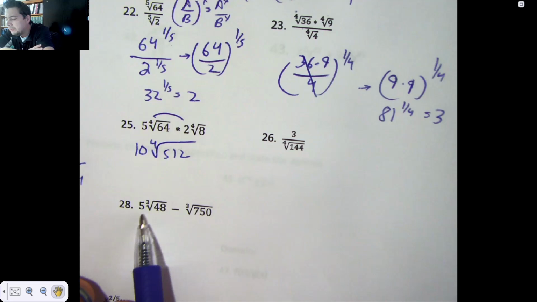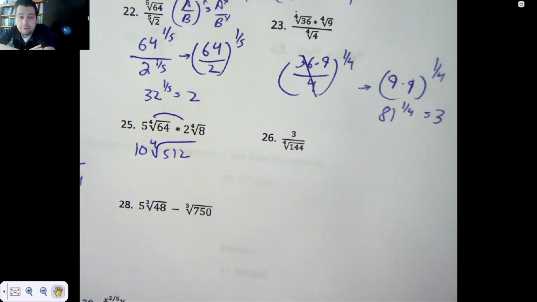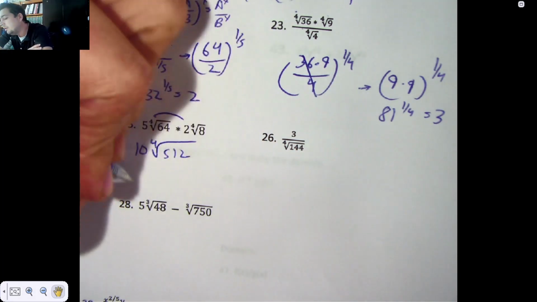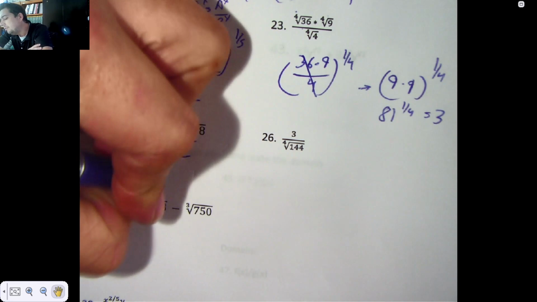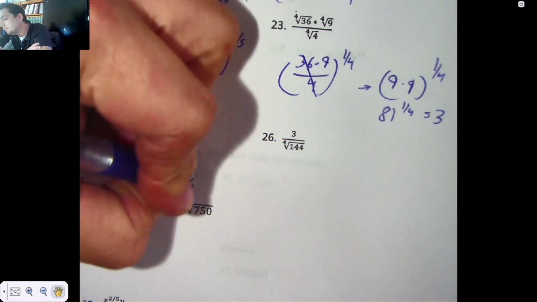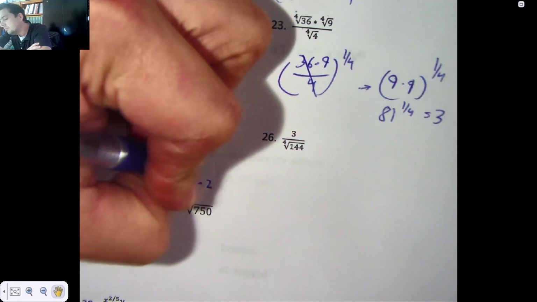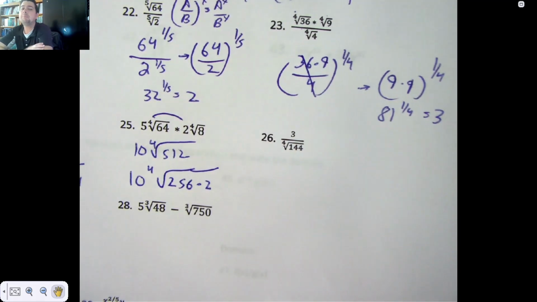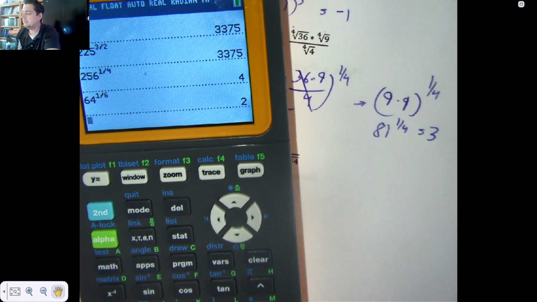Can I take the 4th root of 512? No, but I can get close. I can take the 4th root of, I believe, 256. I'm pretty sure it's 4, or my brain is failing me.